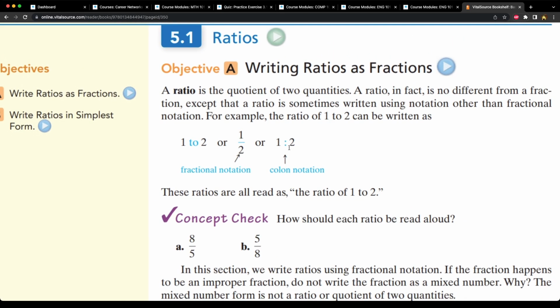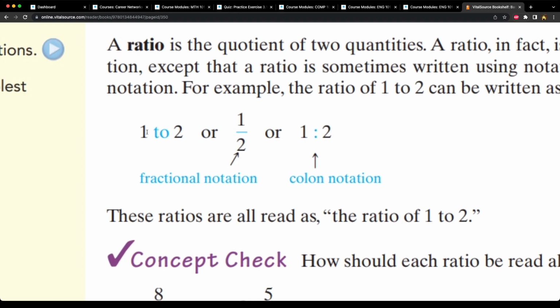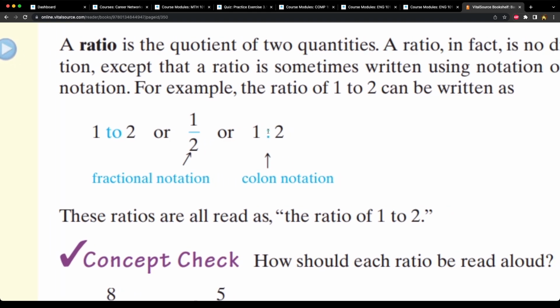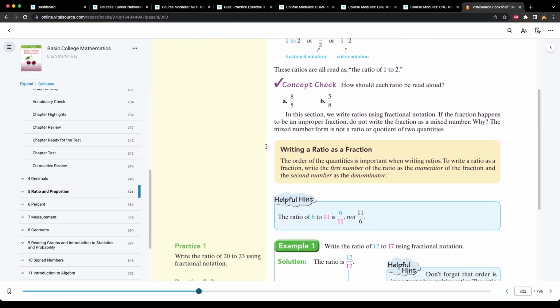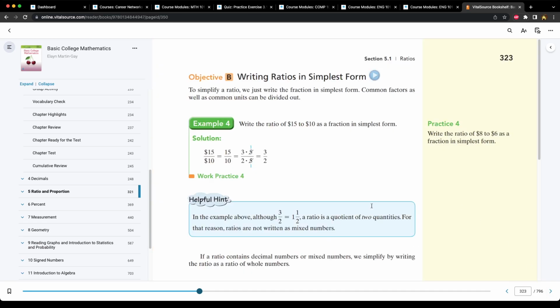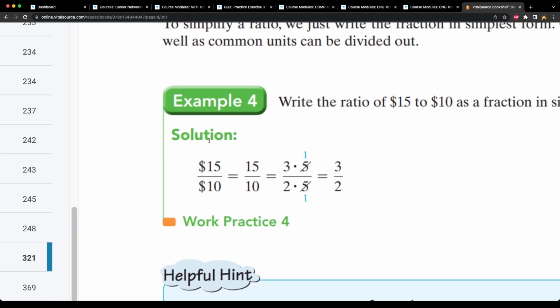But when it's asking for fractional notation, you just write it as a fraction: 1 in your numerator, then 2 in your denominator. If it asks for colon notation, then this is all you have to do.